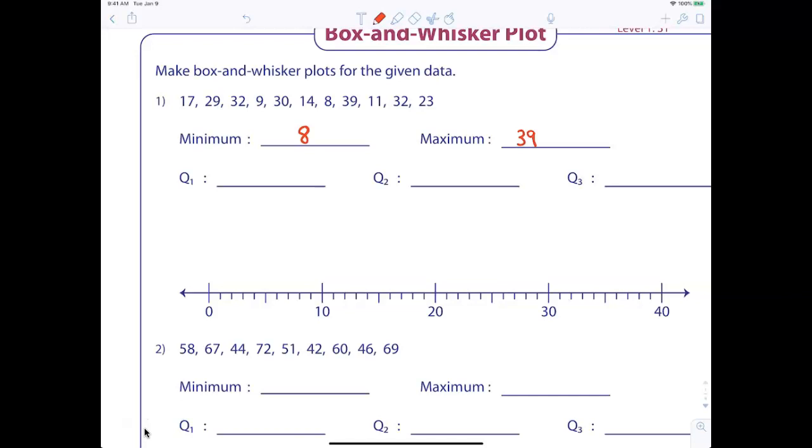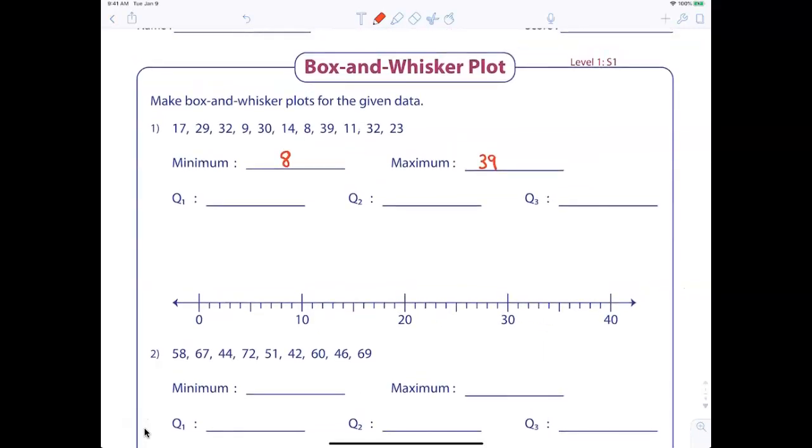All right. Now, again, when we talk about doing the median, we talked about putting the numbers in order. So I need everybody to put the numbers in order from small to large. You got it? Go. 8, 9, 11, 14, 17, 23, 29, 30, 32.